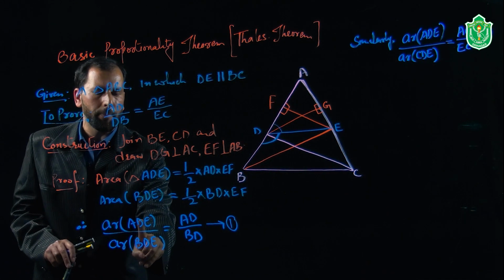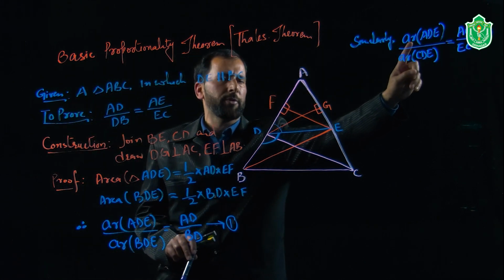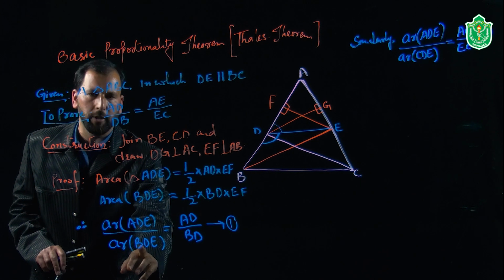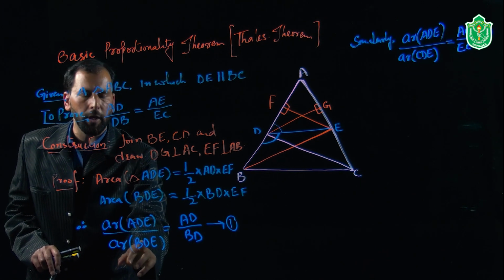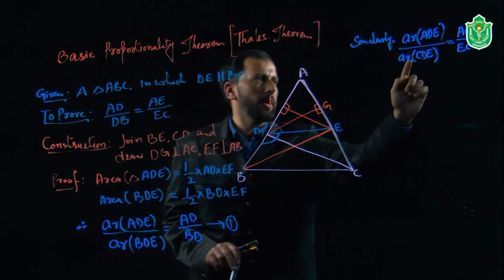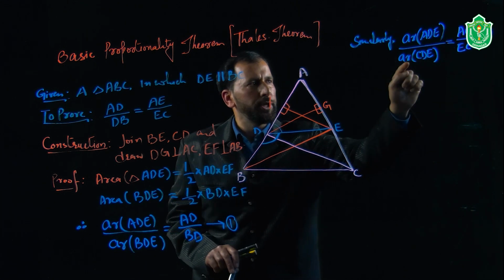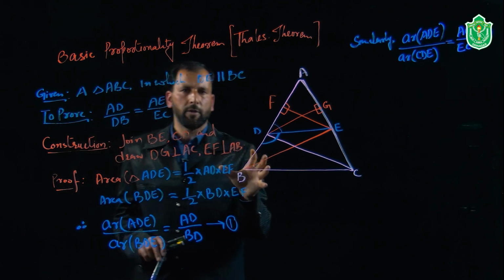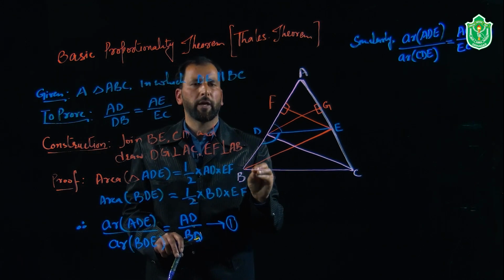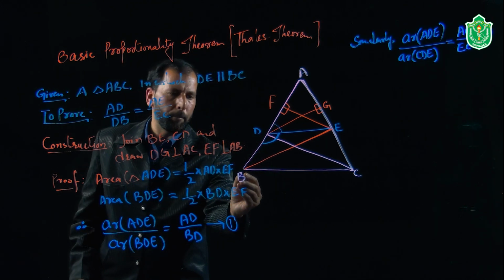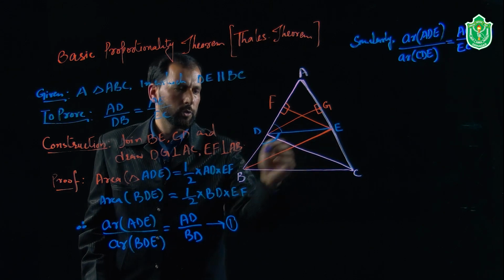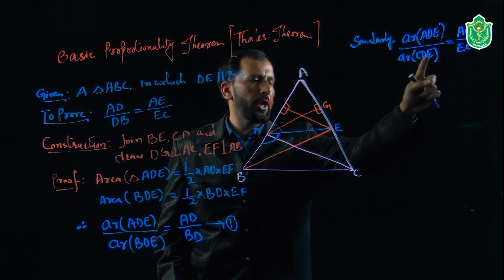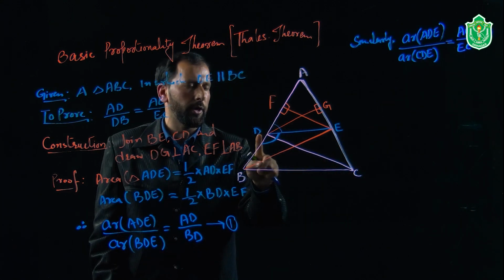Here we have area of ADE in both, same in left hand sides. Now look at the denominators, area of BDE and area of CDE. These two denominators are not the same, but look at the figure where these two triangles lie: triangle BDE and triangle CDE.